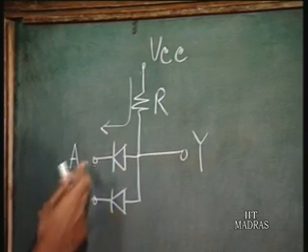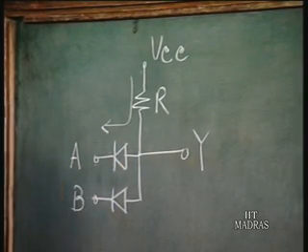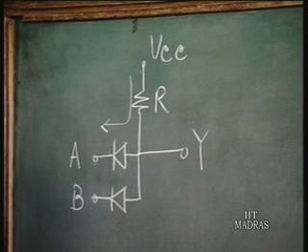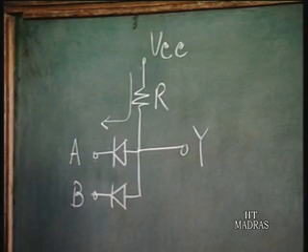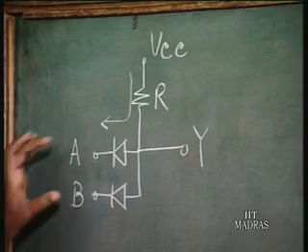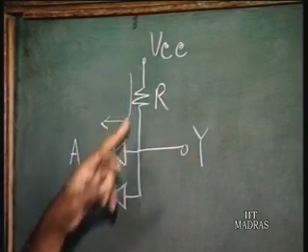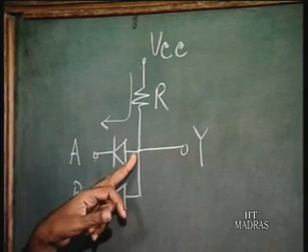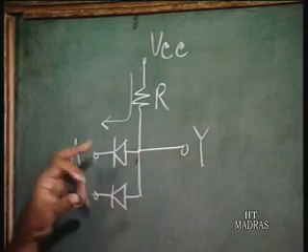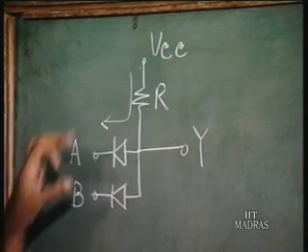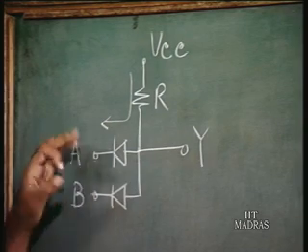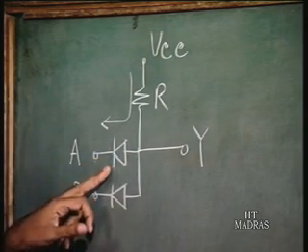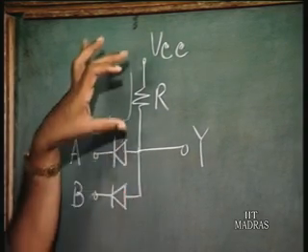Now, suppose both the inputs are high, then what is the state of the output? The output is also going to be high, because there is going to be very little conduction here. Suppose VCC is 5 volts, and you also apply 5 volts here, these diodes cannot conduct, and there is no current flowing here.